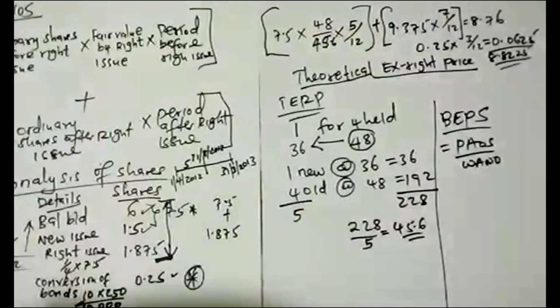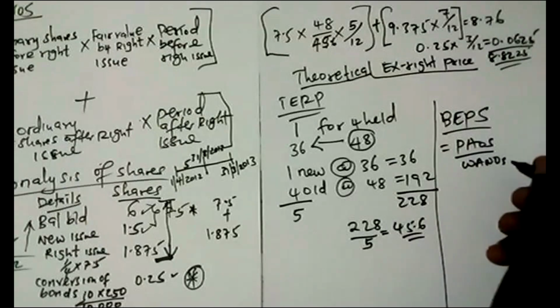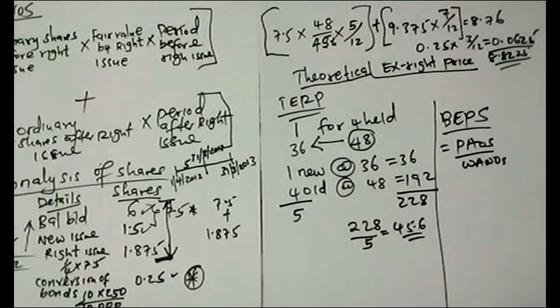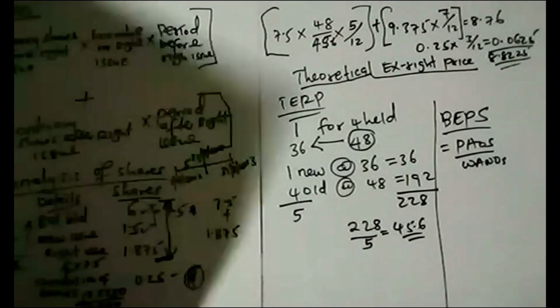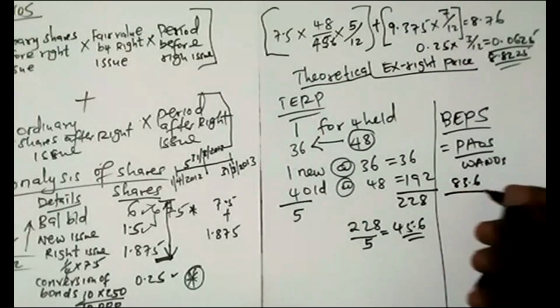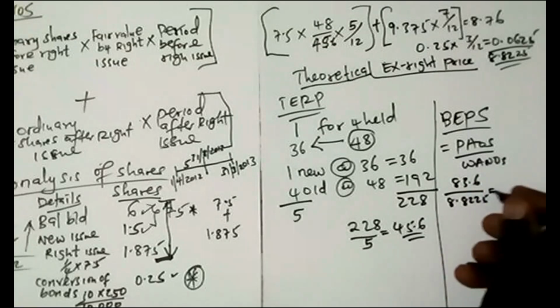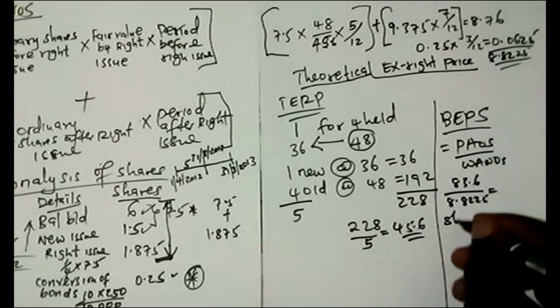We got which figure? 83.6. So you take 83.6, you divide with 8.8225. So we say shillings per share.